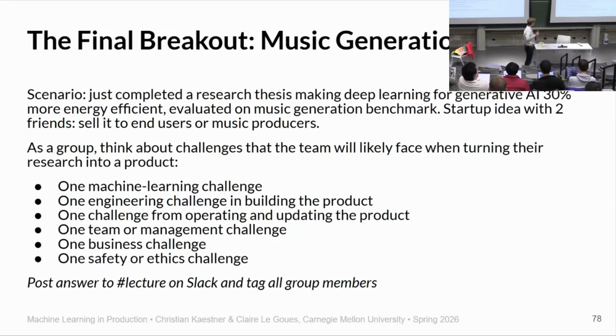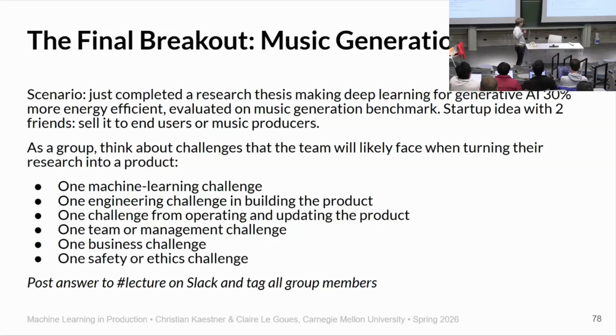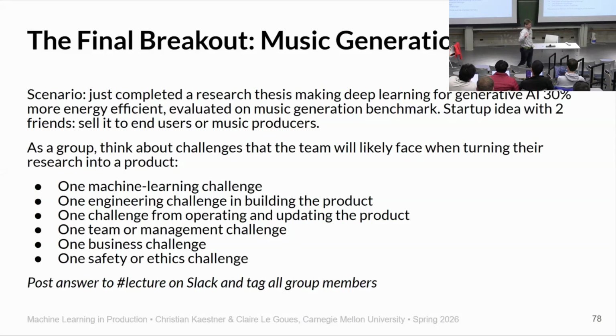Think about one machine learning challenge, one engineering challenge in building the product, one challenge from operating and updating the product, one team or management challenge, one business challenge, and one safety and ethics challenge. If you still can find your old answer, you can look at it, but also feel free to just do it from scratch. All right, go.